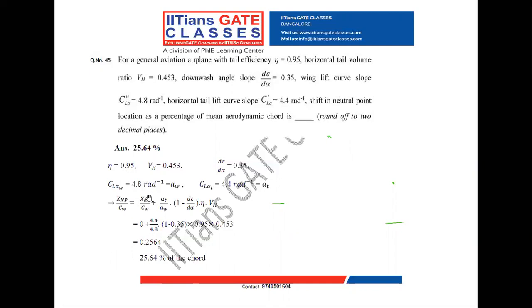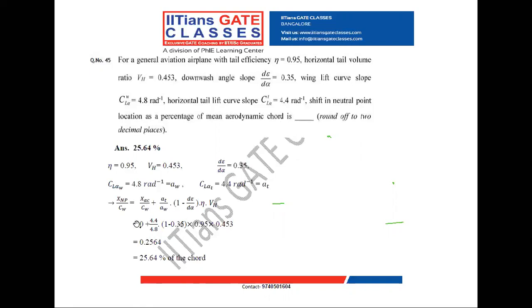Thereby we have substituted 0 for XAC by C. Otherwise, if they ask simply the neutral point location, we should substitute XAC by CW as 0.25 and we would get 0.50, that is around 50% of the chord. Since they ask the shift in the neutral point, we have to take something as a reference. So here the aerodynamic center is the reference.